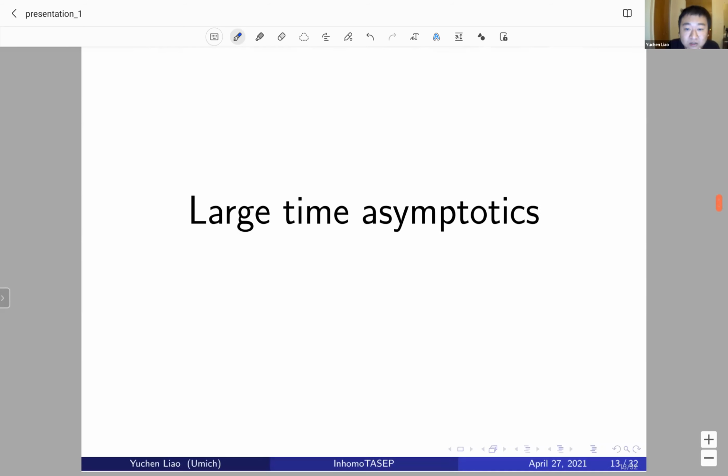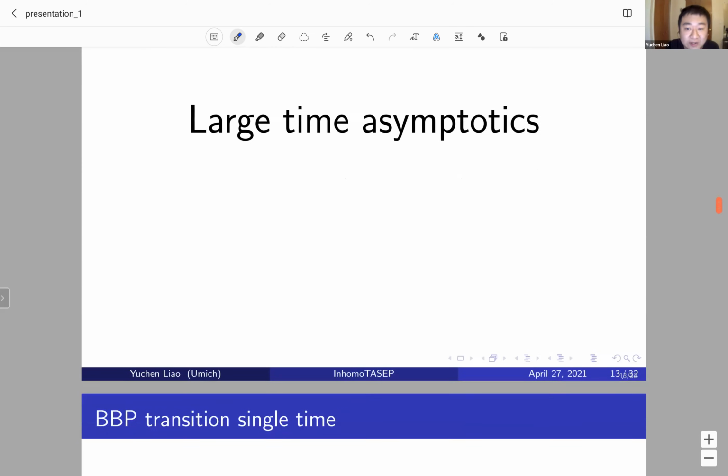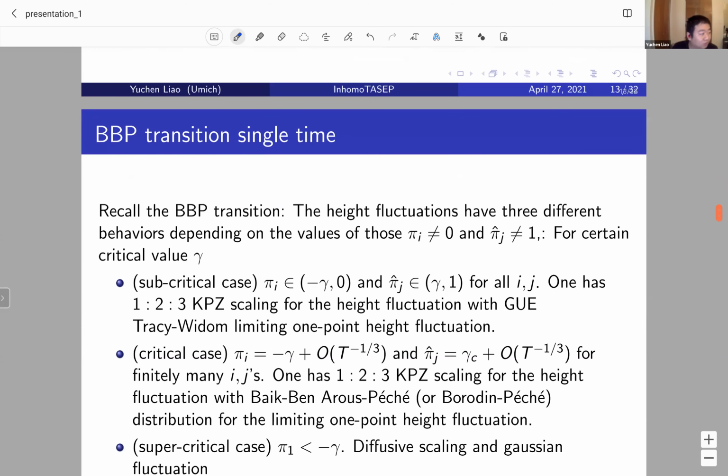And the other part of the main result is about large time asymptotics. So let me briefly remind what the BBP transition is at single time. What it states is that the height fluctuations are crucially affected if you introduce some finite rank inhomogeneity to your model.